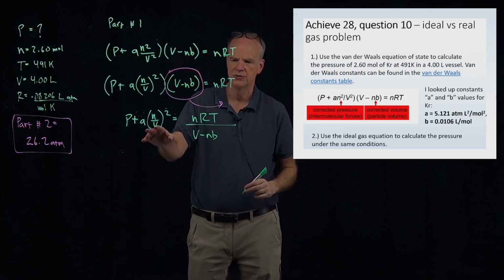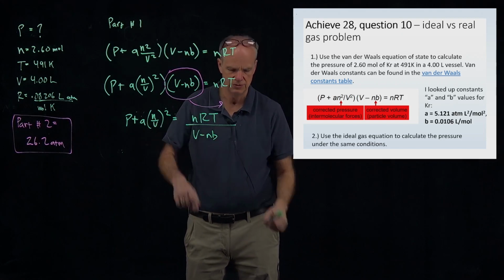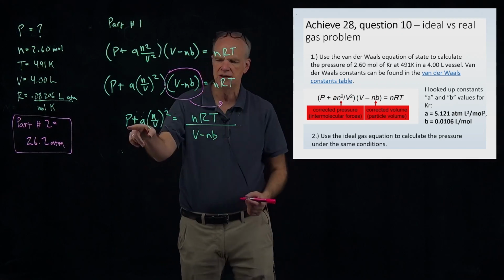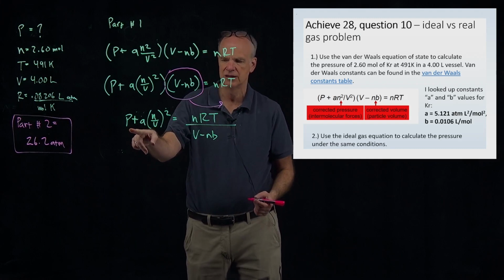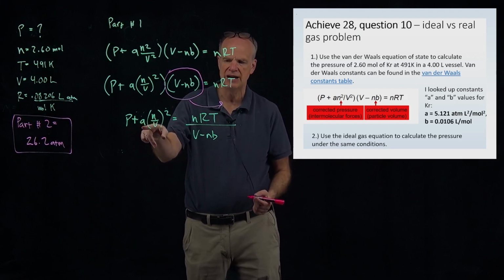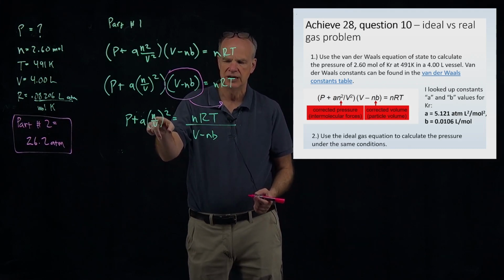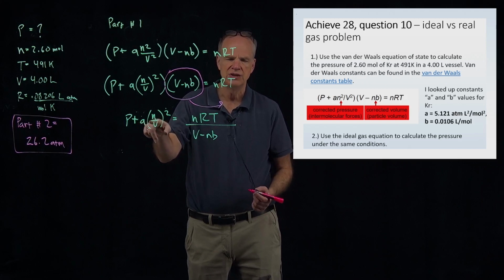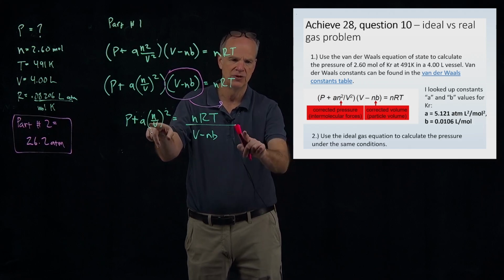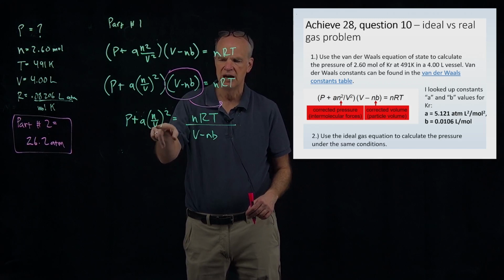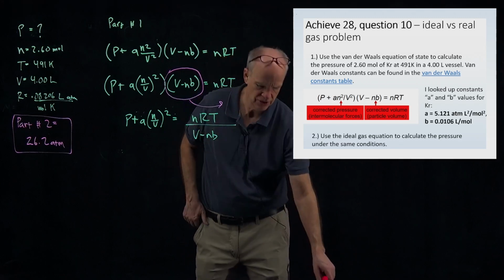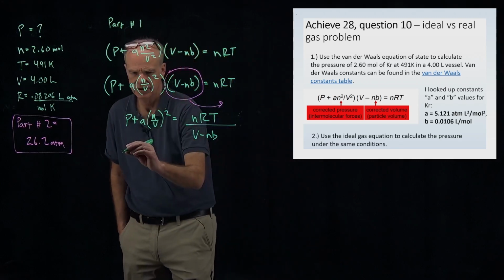Okay, so now you can see we're not quite done isolating p. Right now, attached to it, we're adding a times (n over v) squared. So we need to subtract that from both sides of the equation. So imagine I'm subtracting out a (n over v) squared, and I'm just going to subtract it out over here. So it will look like this.